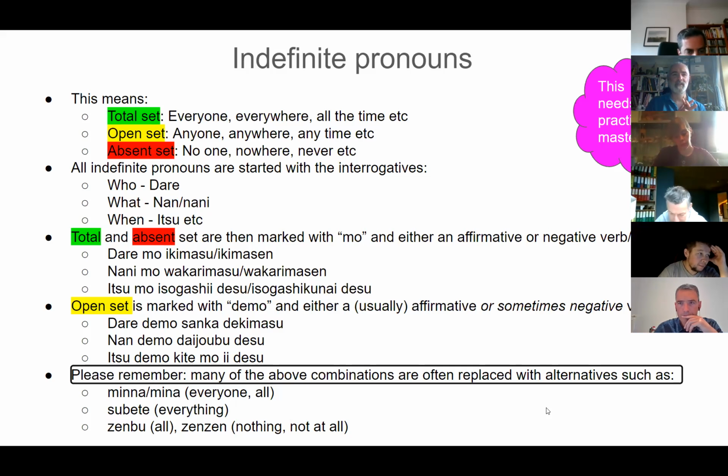And if you said nani mo daijoubu desu, this basically means I can eat everything, which kind of means literally I can take the entire table and eat it all. You're very hungry. Very hungry, yeah.